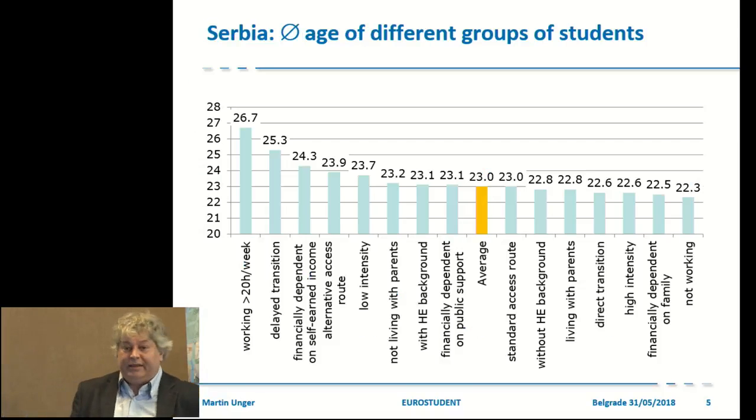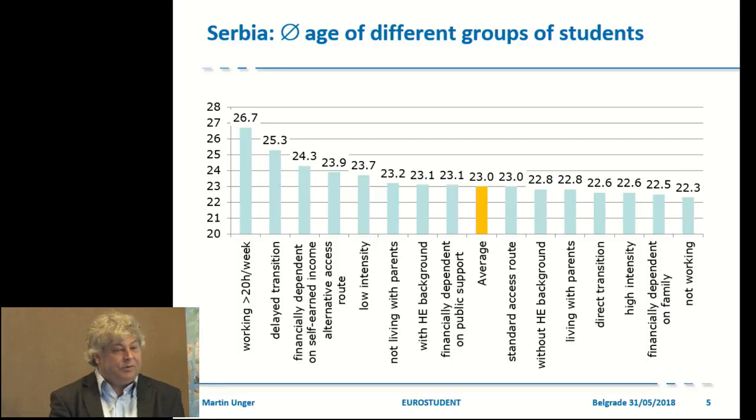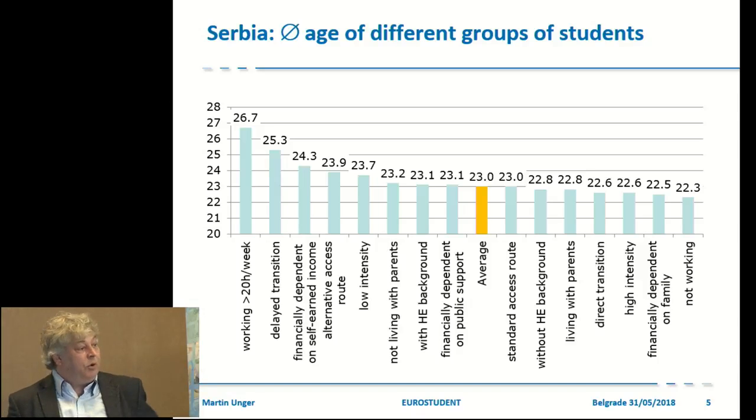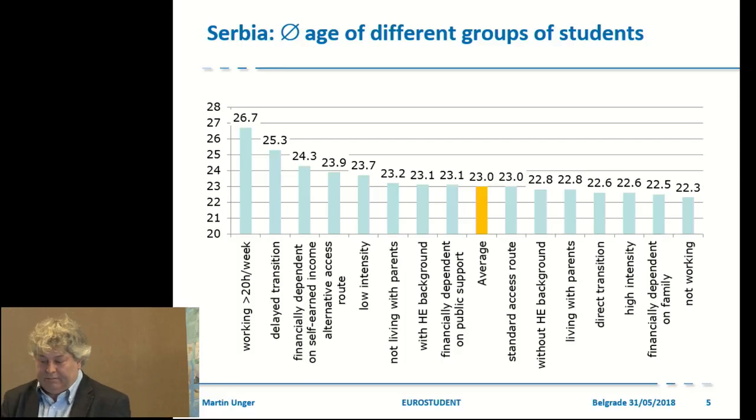But also within Serbia, you can differentiate. Different groups of students have a different average age, even if the spread is not so big as in other countries. Those students working more than 20 hours a week are on average nearly 27 years old in Serbia. Without PhD students, sorry, I did not say this. This is only short courses, bachelor and master.